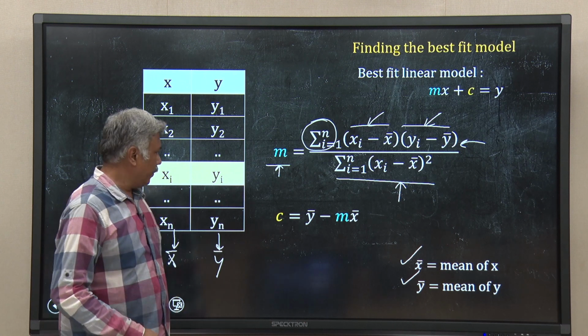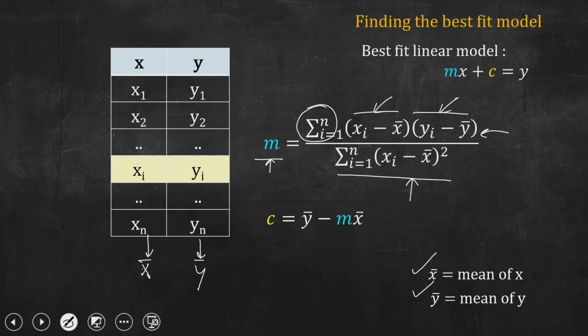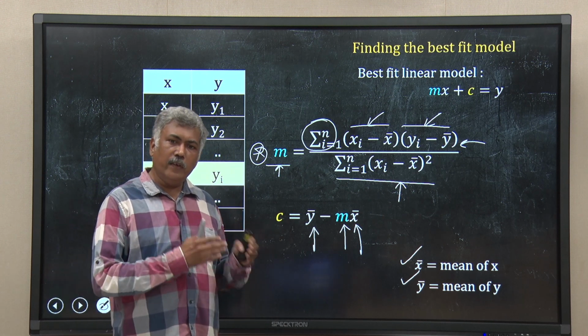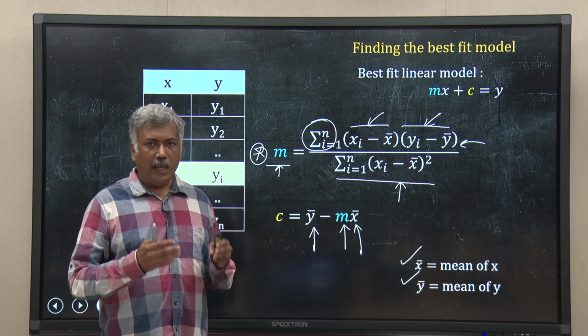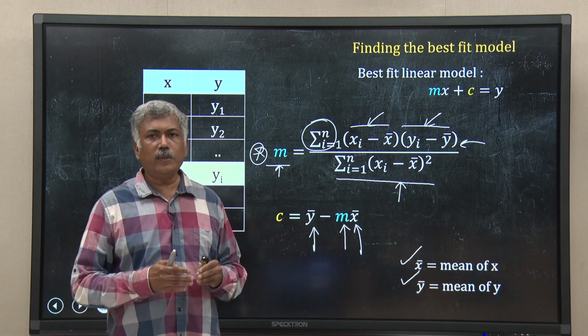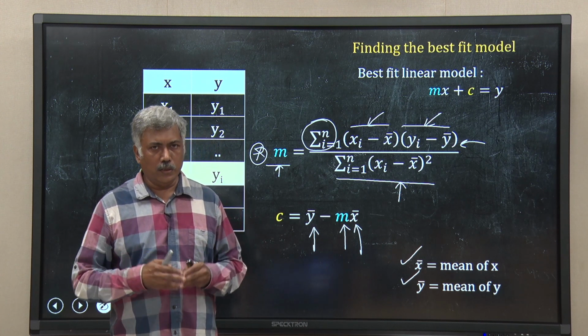This is m, and once you have got m, you can easily calculate c, where c will be equal to y bar, the mean of y, minus the m which you just calculated using this relationship, into the mean of x. So, using this relationship for a given data set, I can calculate m and c, which is the solution that gives me the minimum SSR, the minimum sum of square residual error.